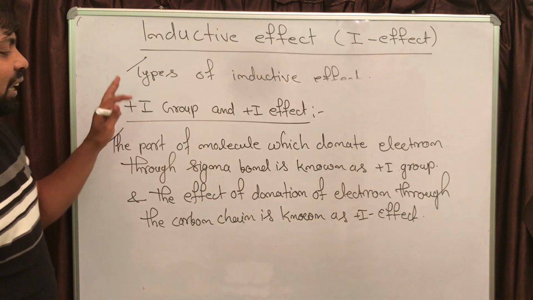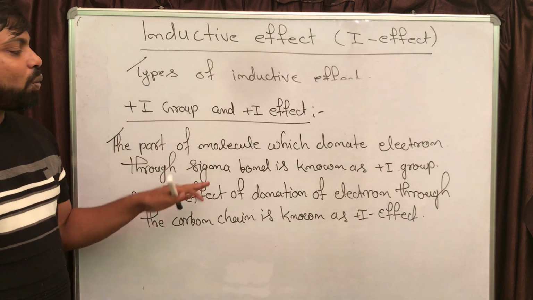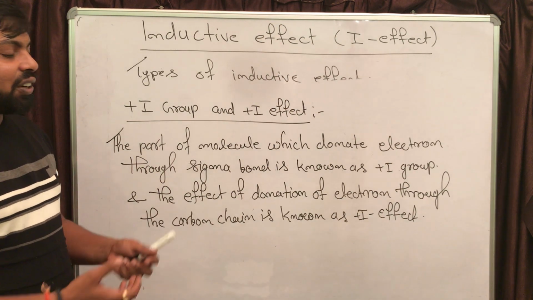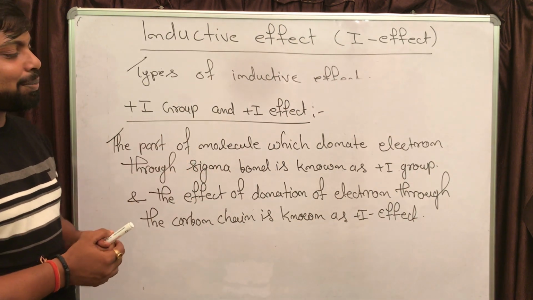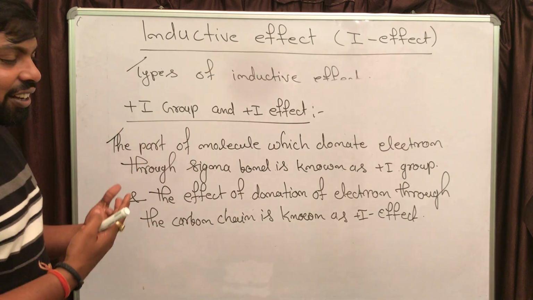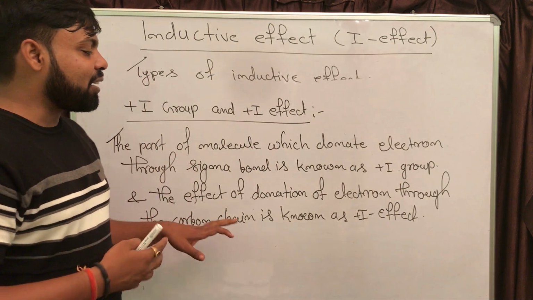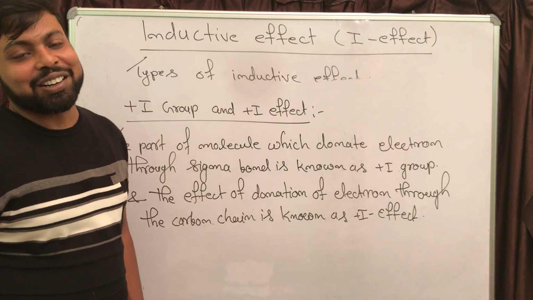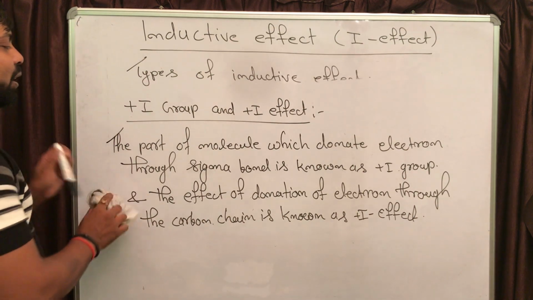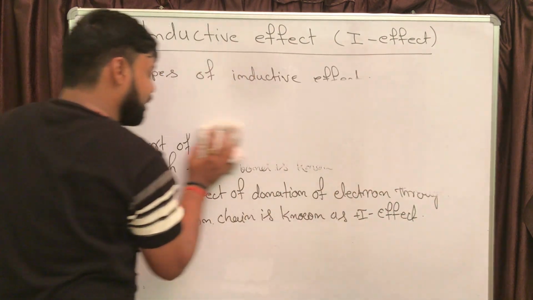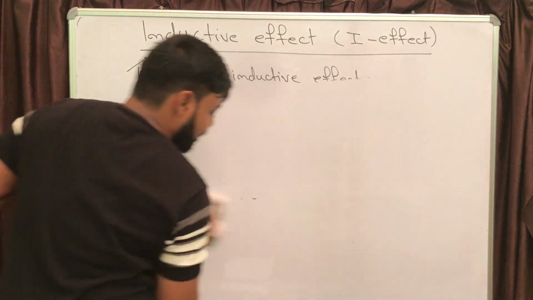So I hope you are clear with the definition of plus I group and plus I effect. And if you want an example of it, just write the previous example, in which the carbon chain is donating the electron. So that carbon chain will be plus I group, and the effect of donation of electron is plus I effect. So let us write the series of plus I group electron donation ability.